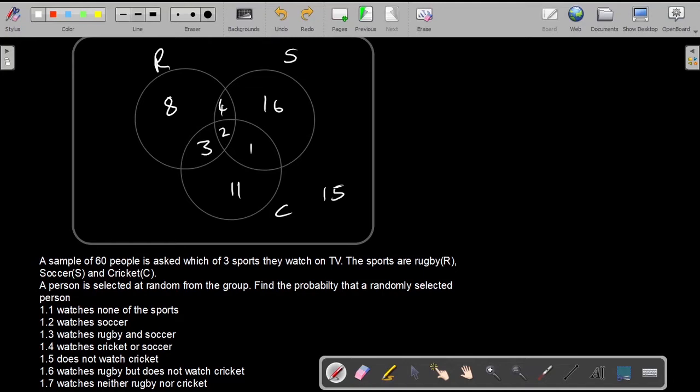So this is the given Venn diagram, and some questions are asked, and the questions are obviously associated with the Venn diagram. So let's go right into the questions.